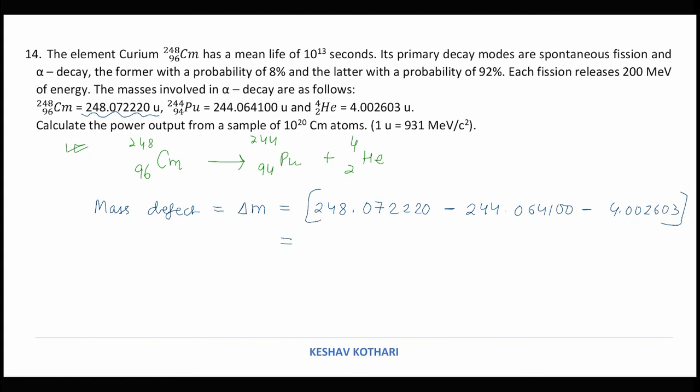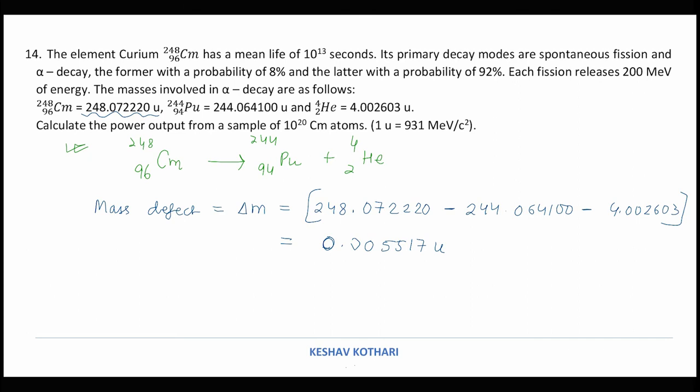On solving, we obtain a value of 0.005517 U. This is the value of the mass defect which we obtain.